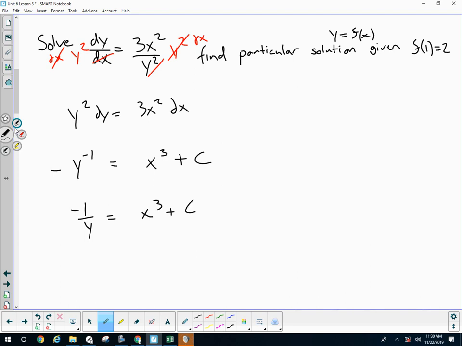We know this is y to the negative second. Add 1, multiply by the reciprocal would be negative y to the negative first. And over there on the right side, I got x cubed plus c.